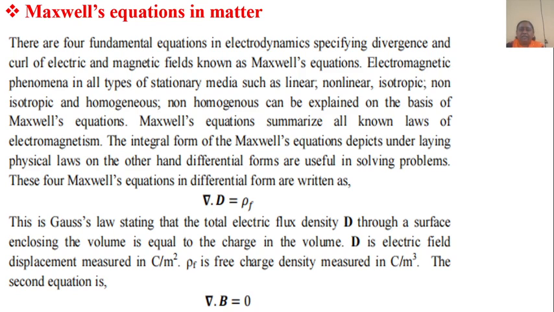D is electric field displacement measured in coulomb per meter square, and rho f is free charge density measured in coulomb per meter cube in SI system. The second equation is del dot B equal to 0.